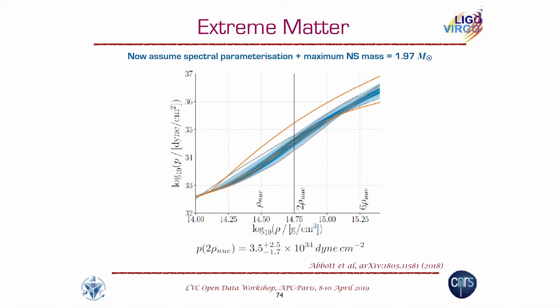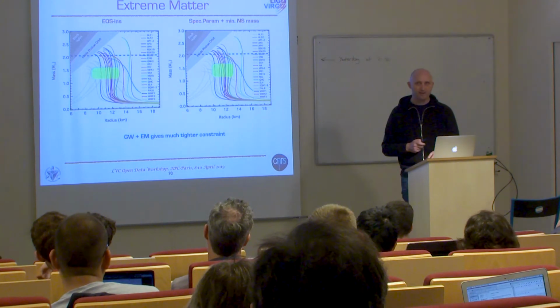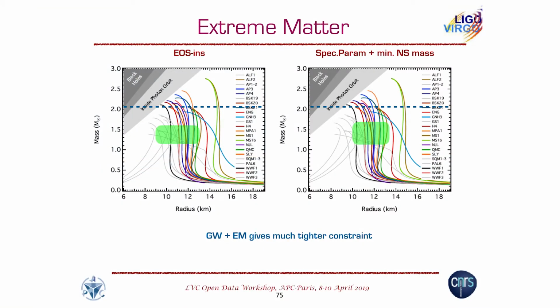We can also make a statement now on the state of nuclear matter. We were able to calculate the pressure at twice nuclear density. And this allows us to put some constraints on where the GW170817 binary might actually lie in this mass radius plot.